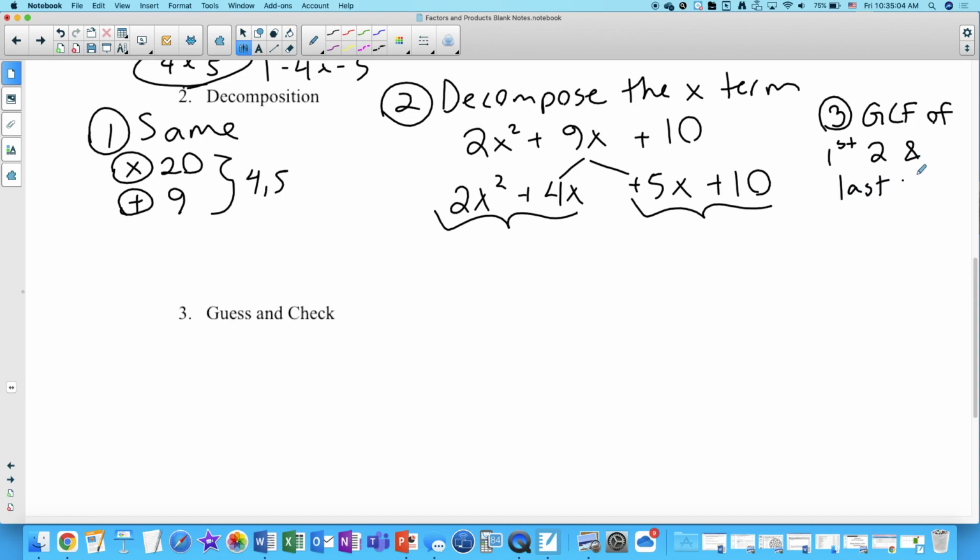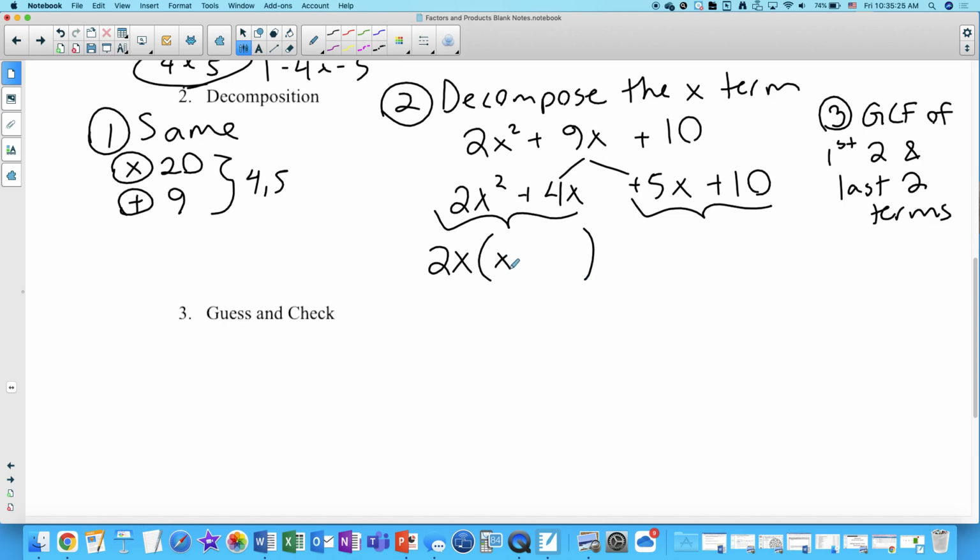Okay, so between 2x squared and 4x, what is the GCF? We already did this in the box, actually. Yep. 2x. So GCF here is 2x. What's left? Well, 2x squared divided by 2x is x. 4x divided by 2x is 2.